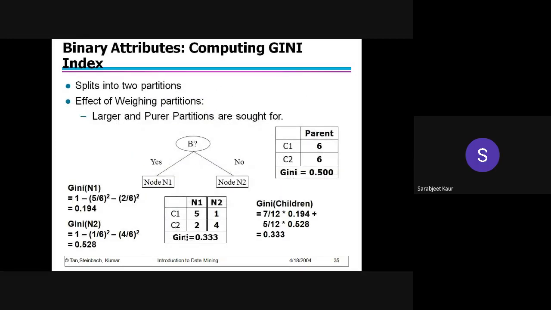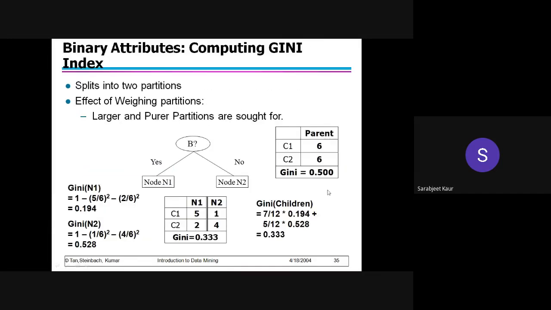Suppose this is the parent node, and we are trying to weigh the Gini of splitting on this particular attribute B, where B will produce two children, N1 and N2.